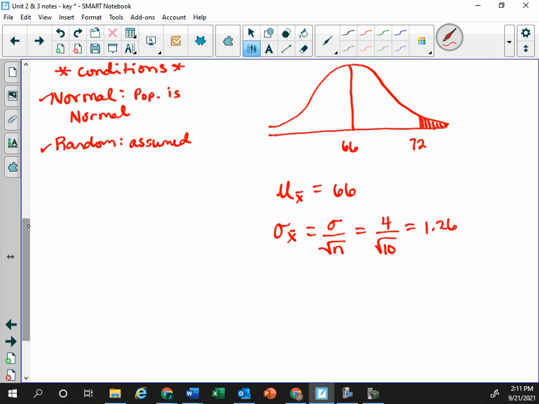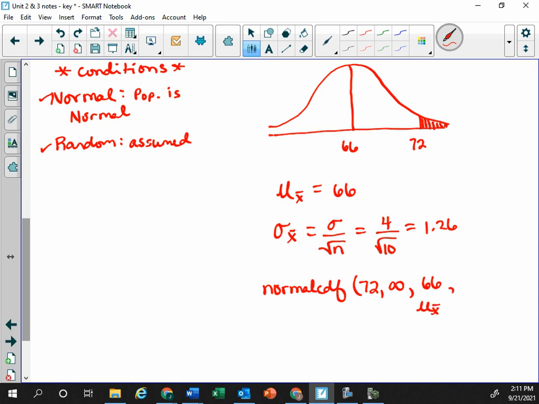Now I have what I need to actually do the normal CDF of this sampling distribution. So I can do normal CDF. So I'm still going from 72 to infinity. My mu of x bar is 66. And guys, label it mu of x bar.